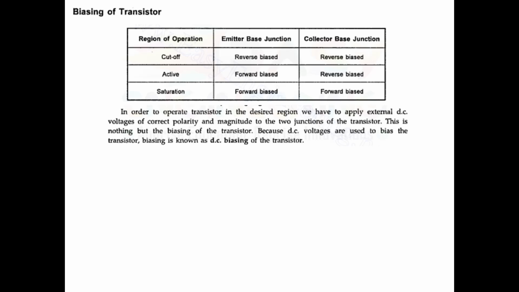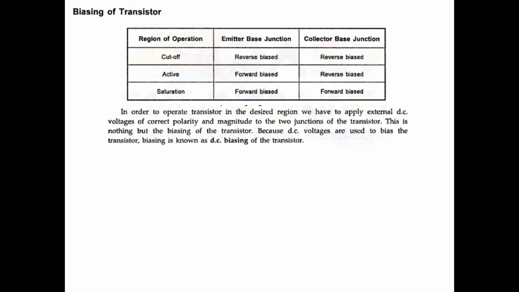Those three regions are cutoff region, active region, and saturation region. When do you say the BJT is working in the cutoff region? When both the emitter base junction and the collector base junction are reverse biased, then the transistor is in the cutoff region.